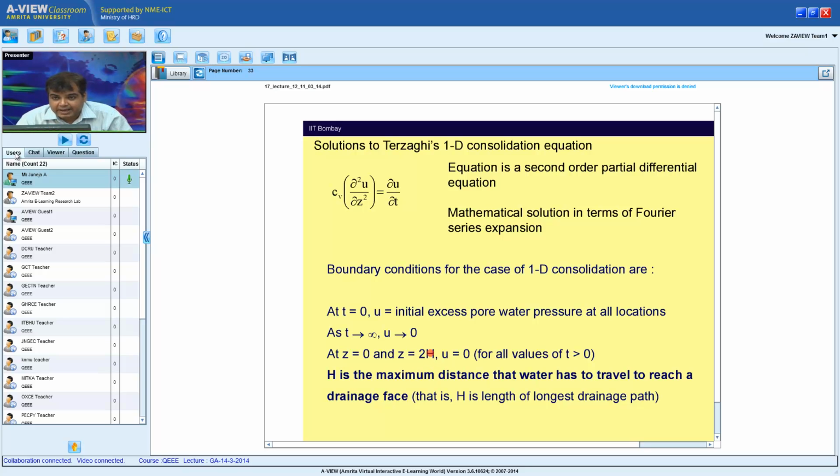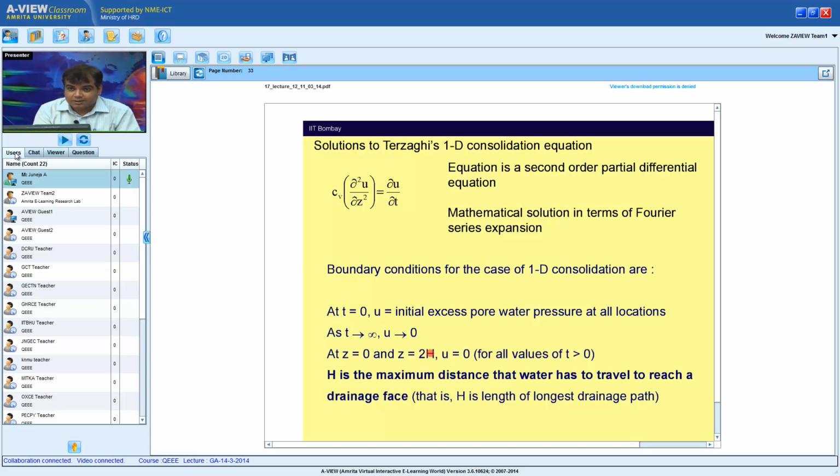This capital H is not the same as the capital H which we have used for settlement calculation. Many of our students mix up the two. Unfortunately, we are using the same symbol for the derivation of settlement and the derivation of the drainage path. Now a question comes, why would we do that?